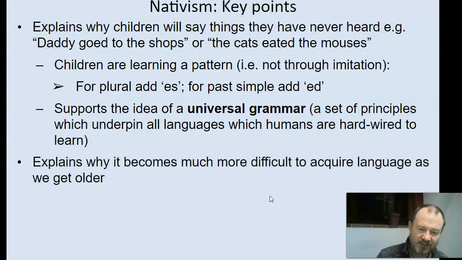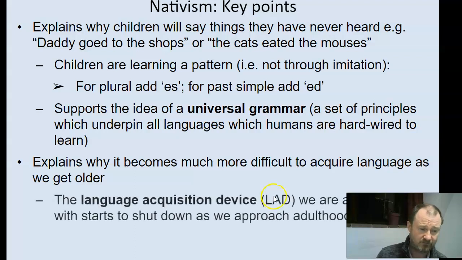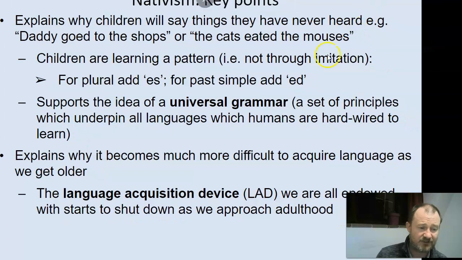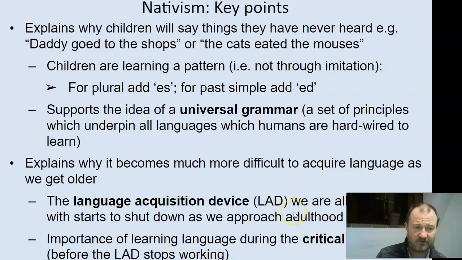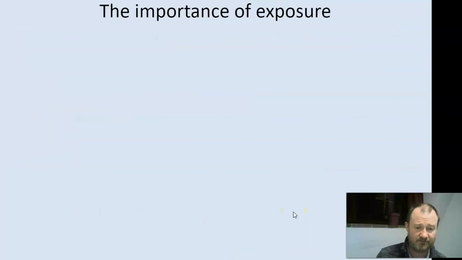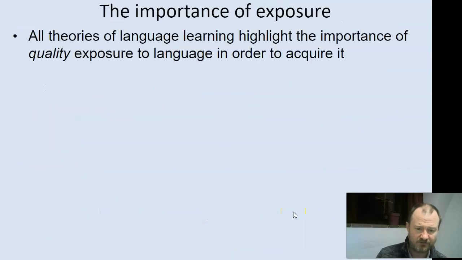And Chomsky says that this language acquisition device atrophies or shuts down or stops working as we age, which is why it's more difficult for adults to learn new languages. The language acquisition device shuts down as we approach adulthood. And there are examples of this from history, which I will go to in a minute.